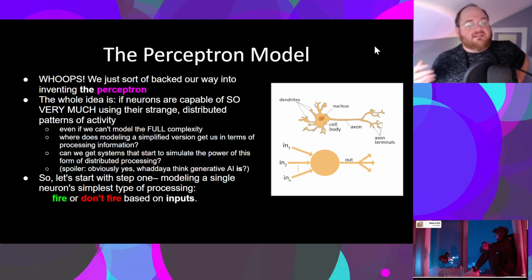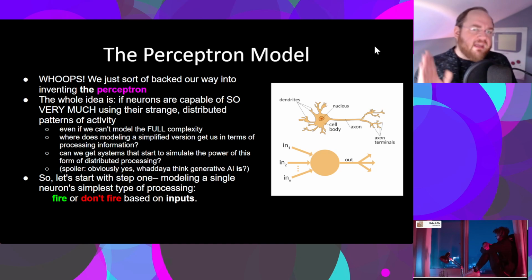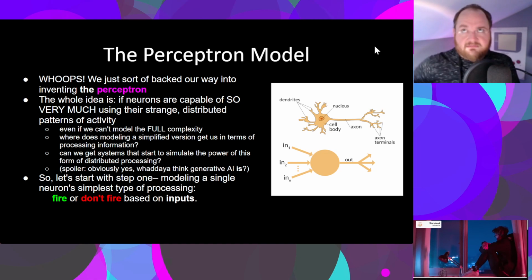And obviously we know that they are very complex. We started with that. They are more complex than we have understanding of. But even if we can't model that full complexity, modeling is inherently reductive. The question is, can we get some... this was the motivation for building the perceptron model, originally back in the, was it 70s? Anyway, I should have had a citation here.